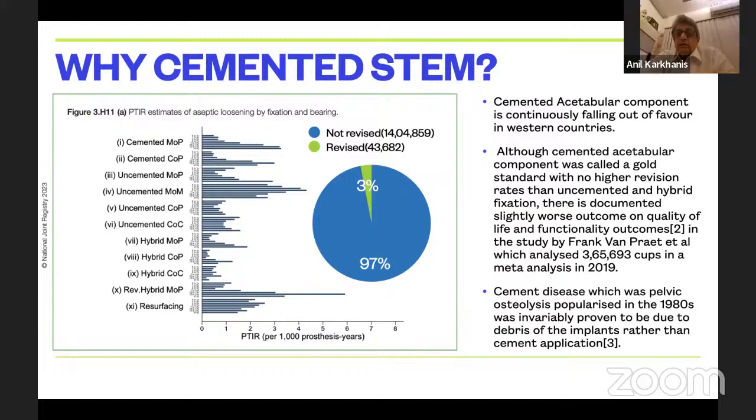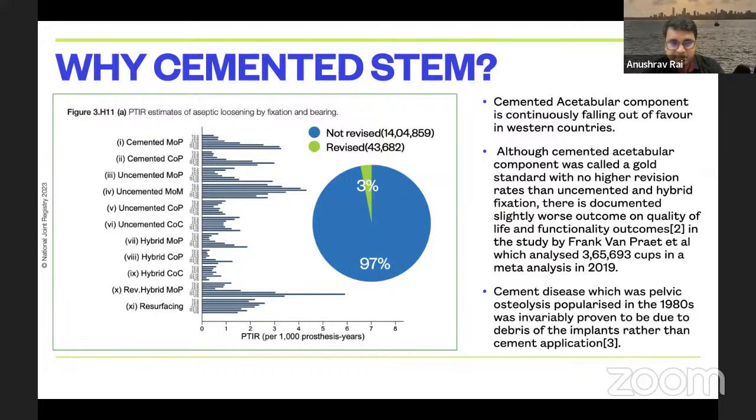Of all the 43,682 revision hips, the revision rate was less in which ones? In hybrid cemented stems. That means hybrid cemented stem and uncemented acetabulum. Is that what you mean to say? Yes, sir.